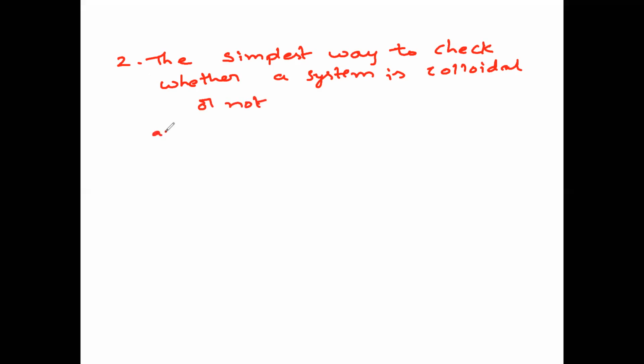So the answer for this is nothing but the Tyndall effect. If you incident light on the system and scattering of light takes place, then 100% it is a colloidal system. I hope it is clear. Next question.